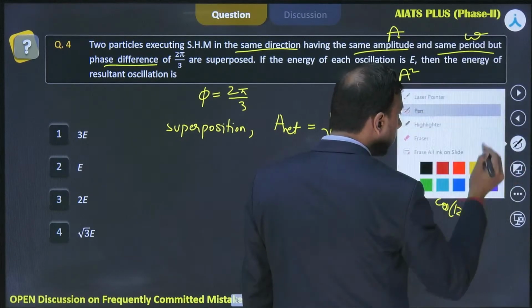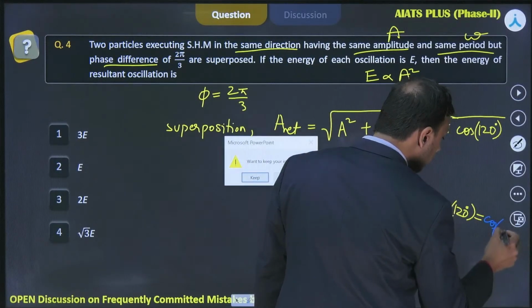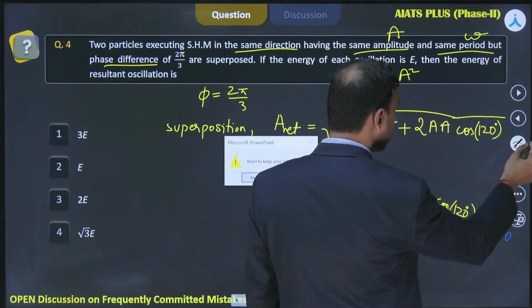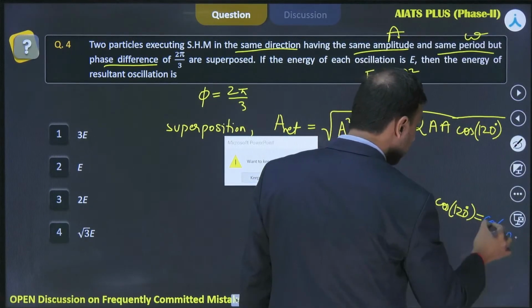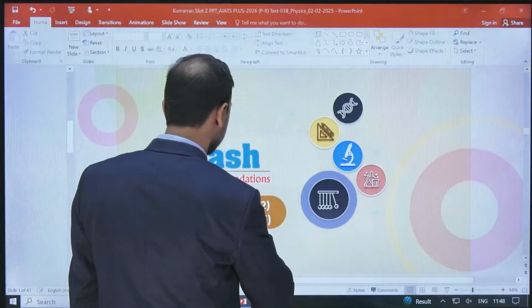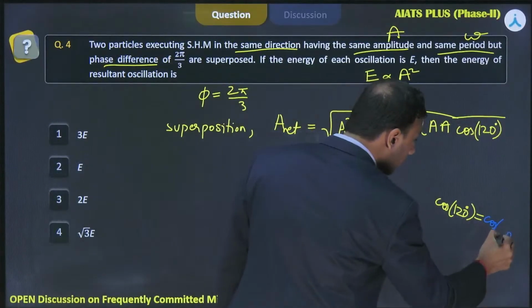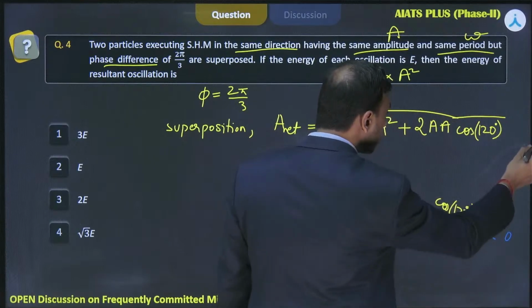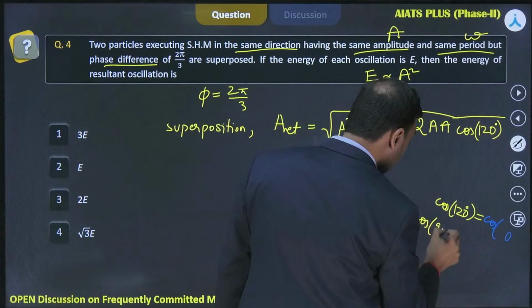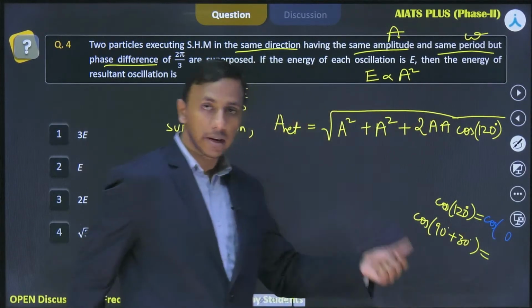Cos 120 is cos of 90 plus 30. 90 plus 30 means second quadrant.